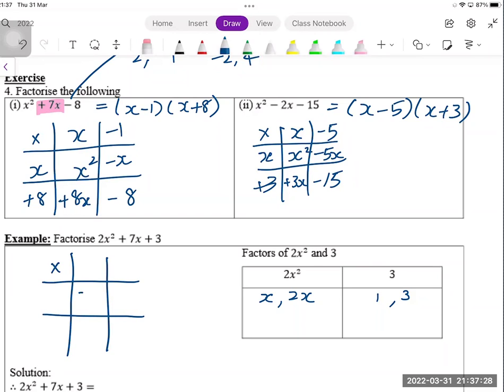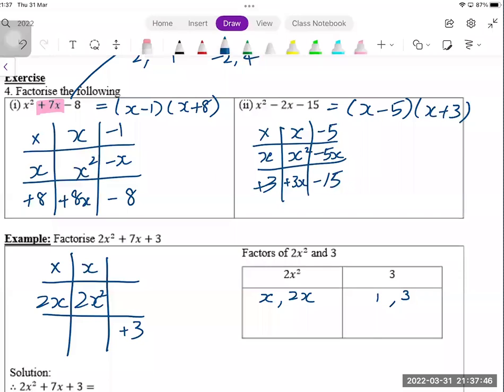Everything else is the same. You write down their positions first for the square term and the constant term. Next you can fill in your x and 2x first. It doesn't really matter where they are, because they go in first and then affect the position of the other two.